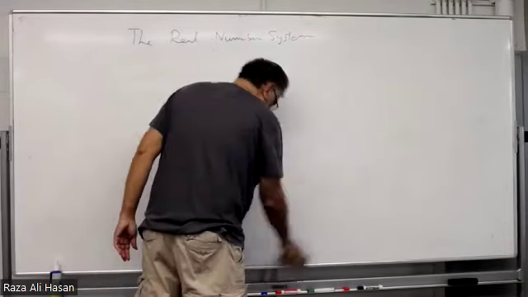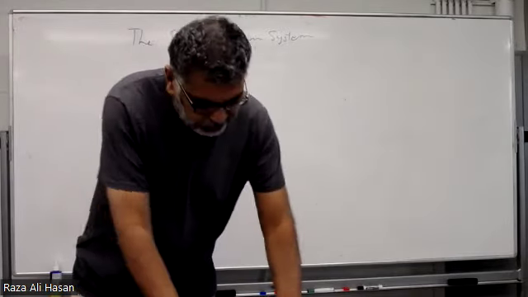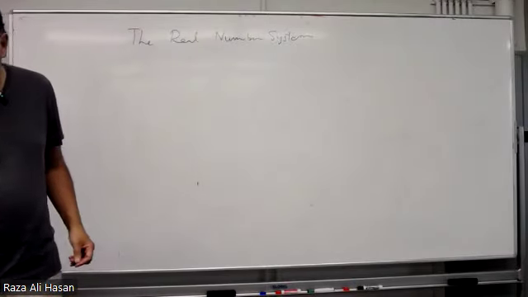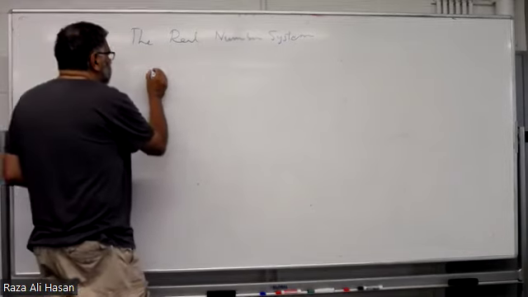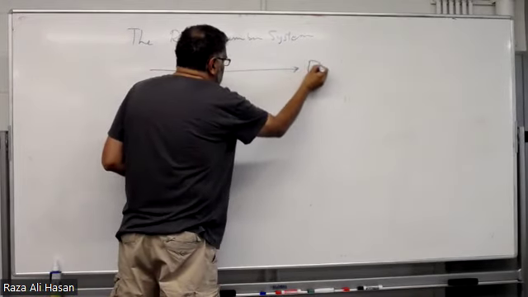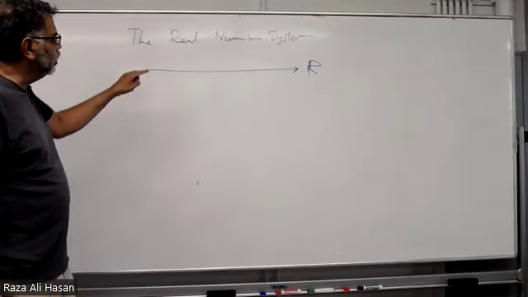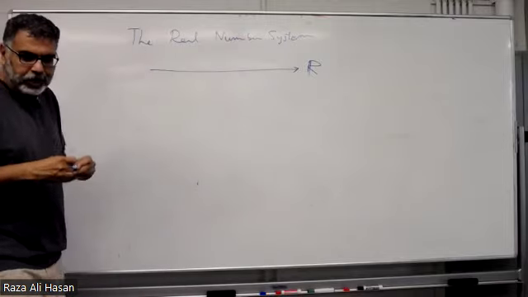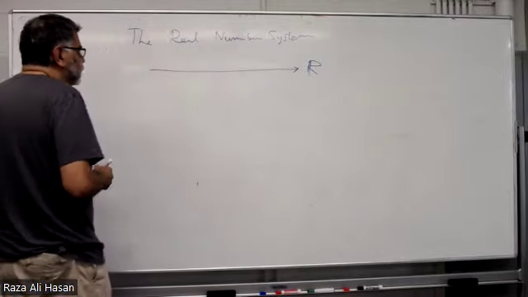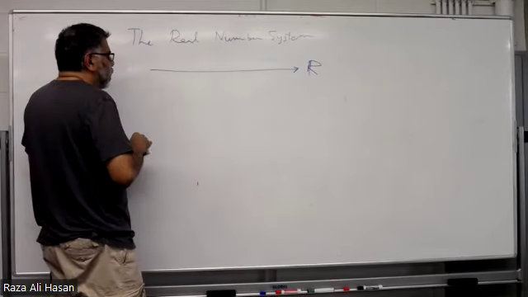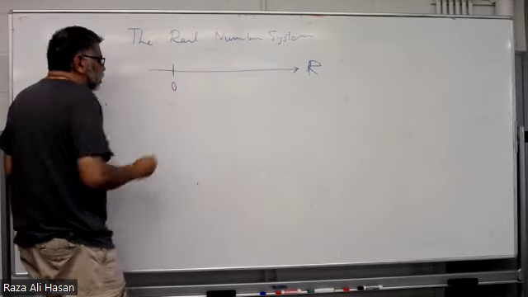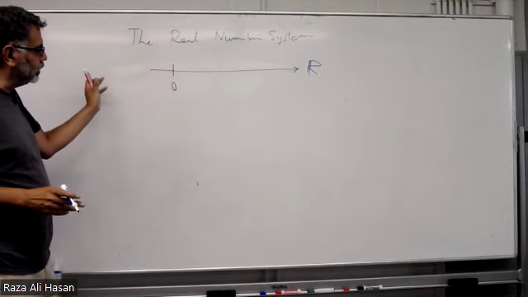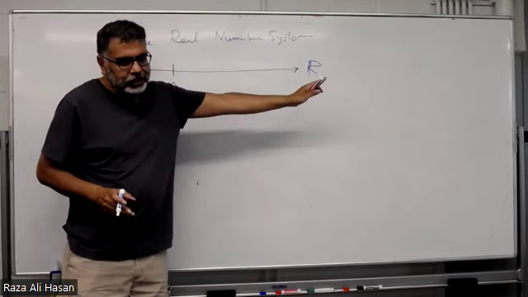So let's start with how we represent the natural numbers, the smallest set of them all. Here we go. Every number that I put on this line is a real number. I'm going to put 0 here. This is not the set of natural numbers, but 0 tells us that on the left-hand side we have negative numbers and on the right-hand side we get positive numbers.